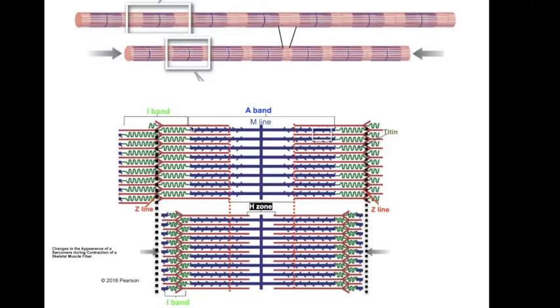They had some overlap with the myosin filaments, which were the stable part in the middle attached to the M line. During contraction, those actin filaments were pulled in toward the M line, creating a greater overlap with the myosin, and that's what caused the contraction.